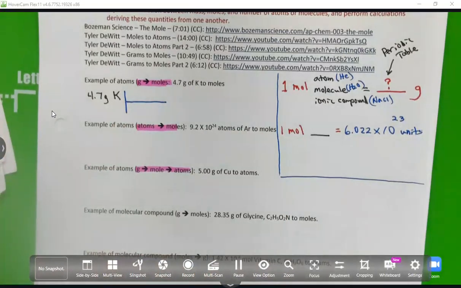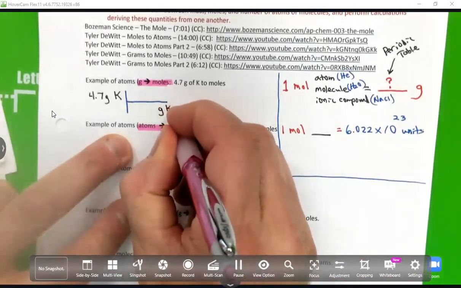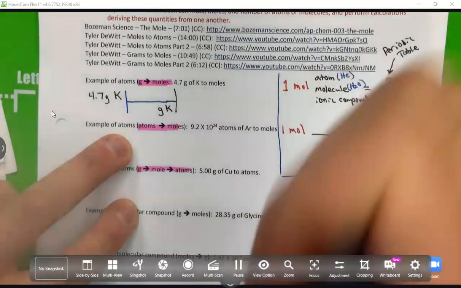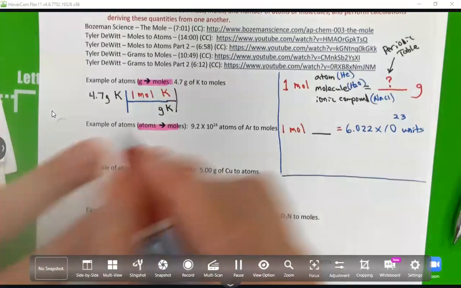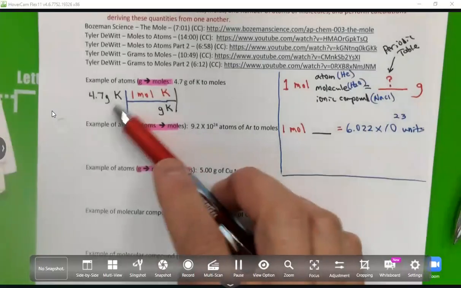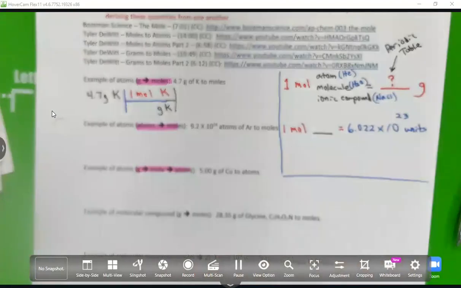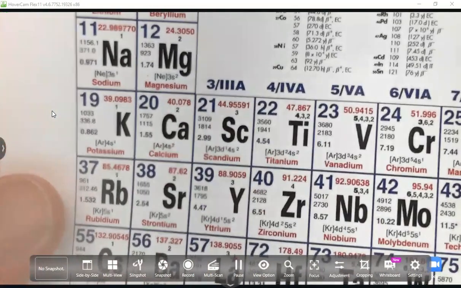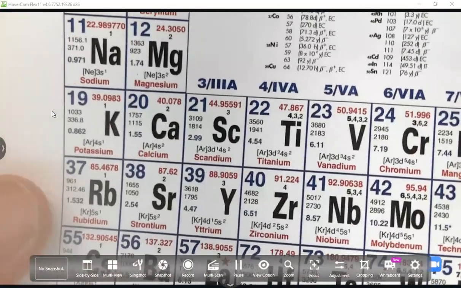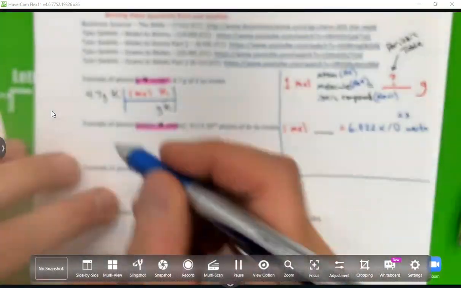All I'm going to do is do my conversion from the periodic table. Grams of potassium in 1 mole of potassium. If I start with grams, I got to put grams down there. And that grams from our periodic table to 2 decimal places, 39.10.